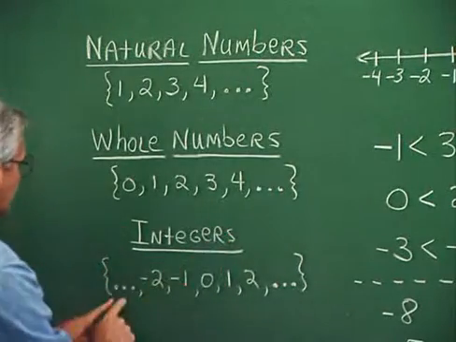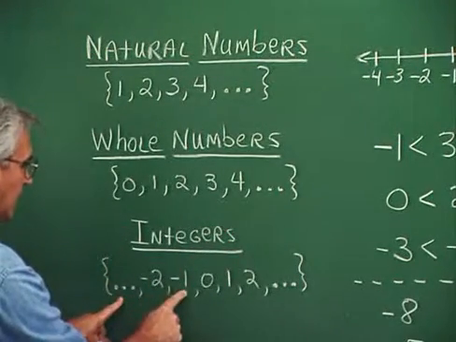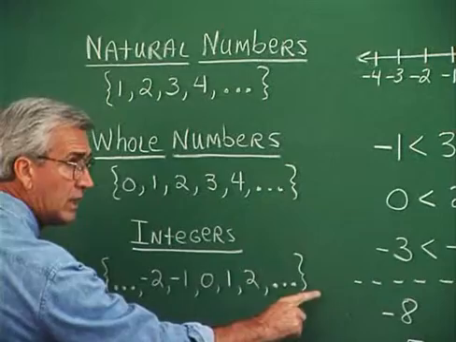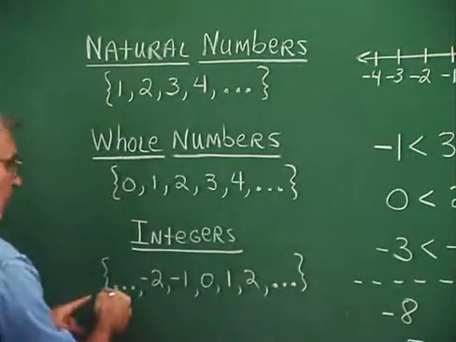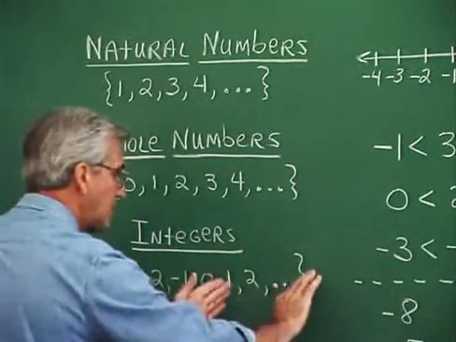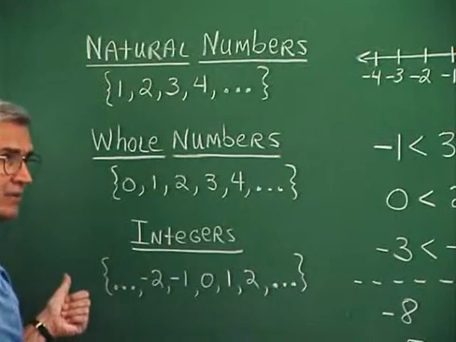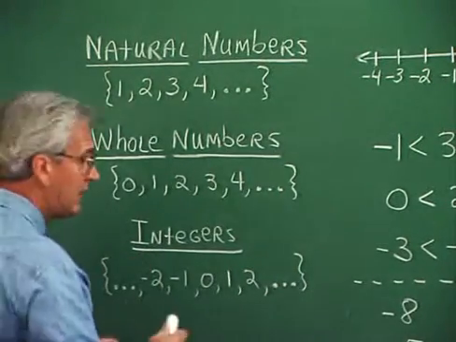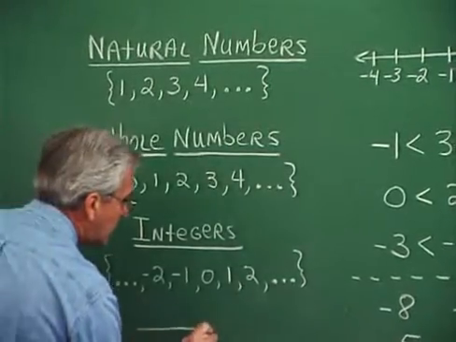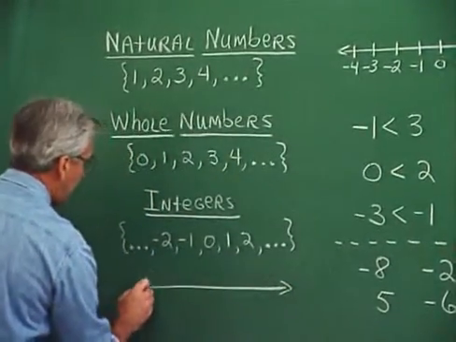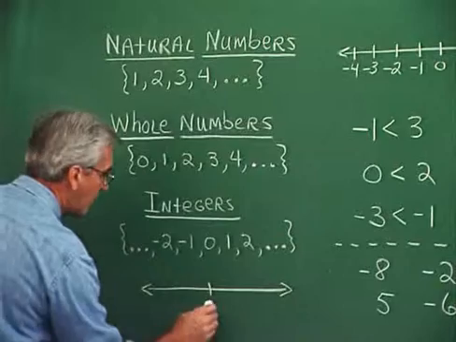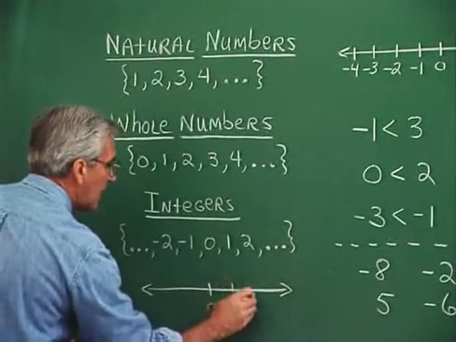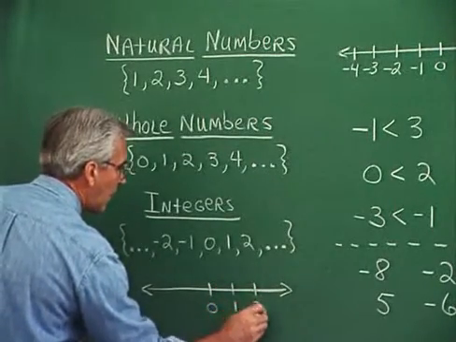So integers would be ... -2, -1, 0, 1, 2, and so on. You see, we have and so on in both directions here, in both this positive direction and this negative direction. Now, a lot of times integers and other numbers are illustrated on a number line. The number line is composed of a position for something like 0, and then positions for other numbers.